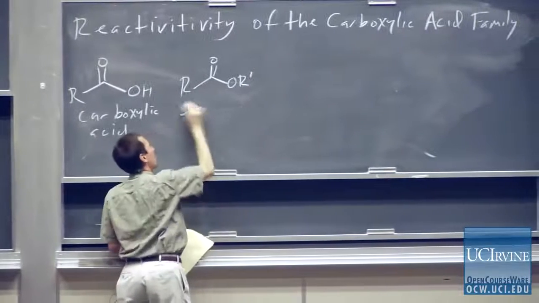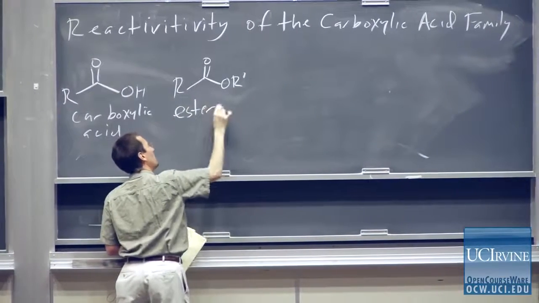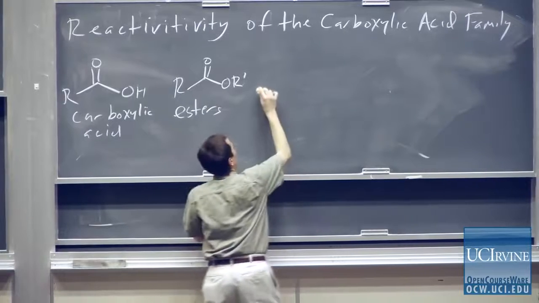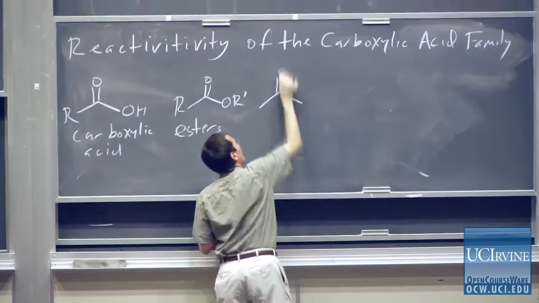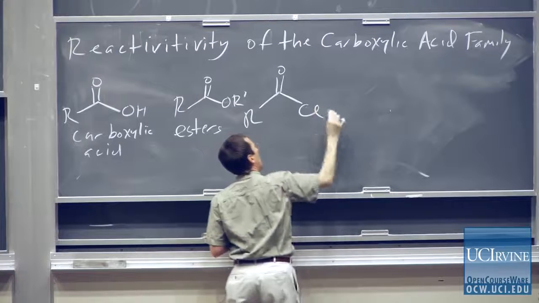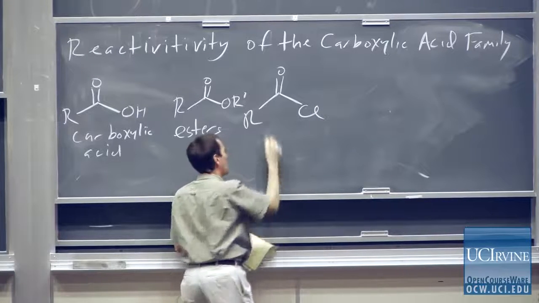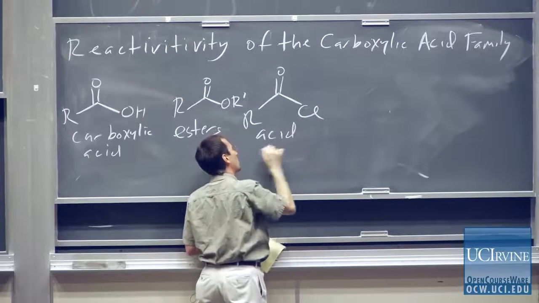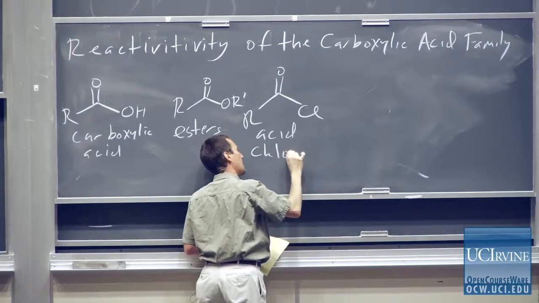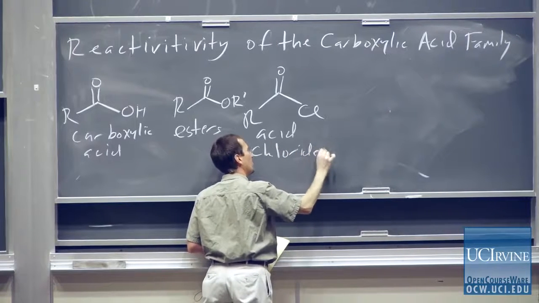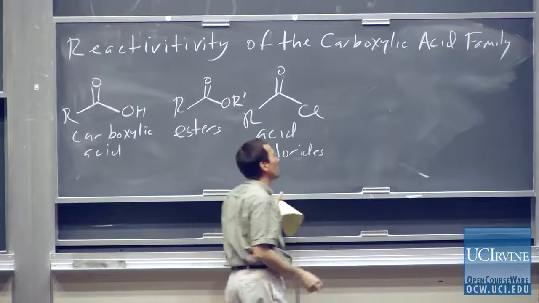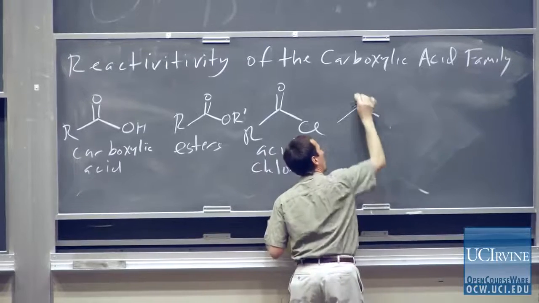Esters are another member of this family. Acid chlorides. So I'm going to paint with a very broad brush, and later on we're going to get to a more specific understanding of the reactivity of this broad family. But right now I'm going to paint with a very broad brush.